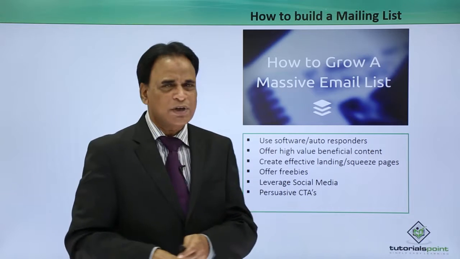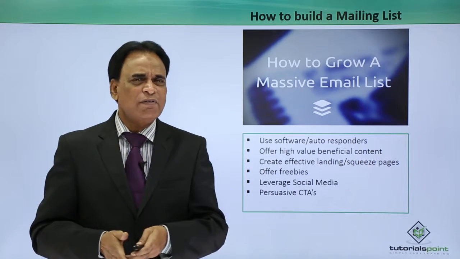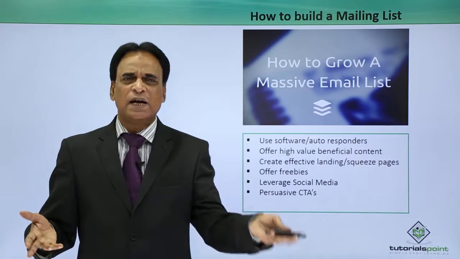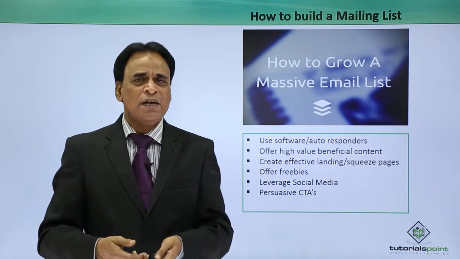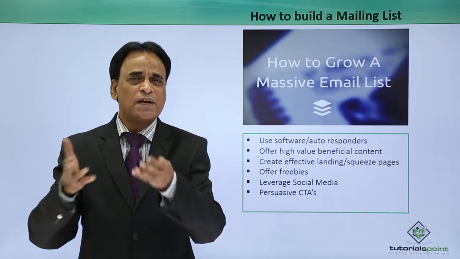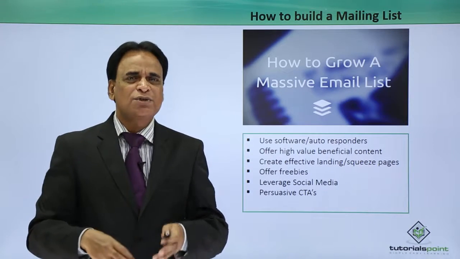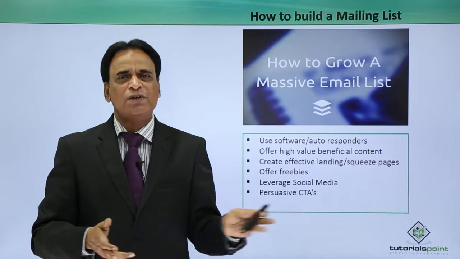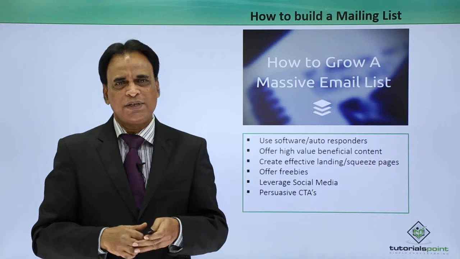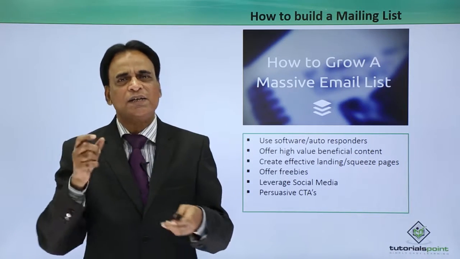Use software and autoresponders. If you are doing it manually, let's say you have a website, a blog, a landing page or a squeeze page, and people subscribe on the website, the blogs or the landing pages. That email ID comes to a particular email ID that you have attached to those landing pages, and you take that email ID, create an Excel sheet and put it in the Excel sheet.